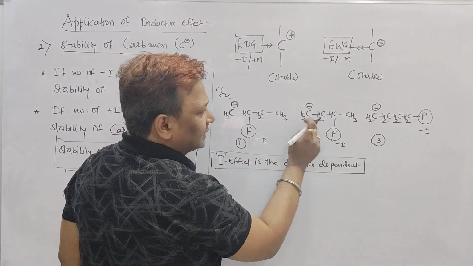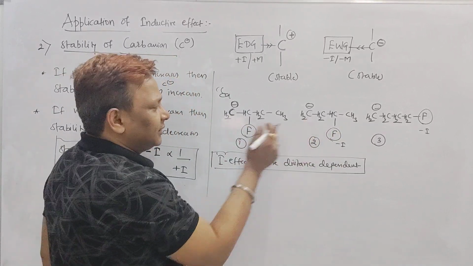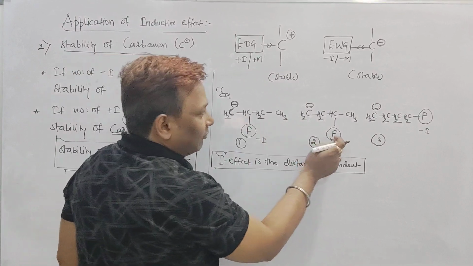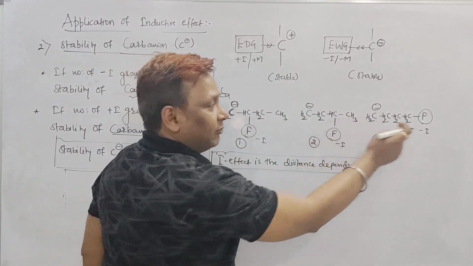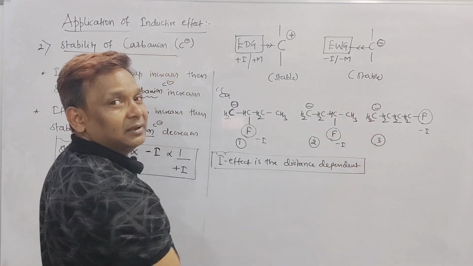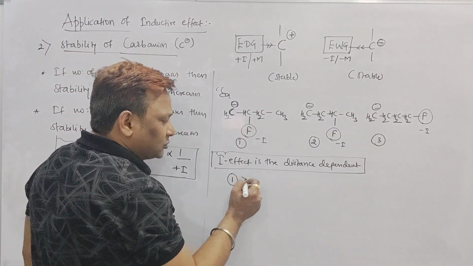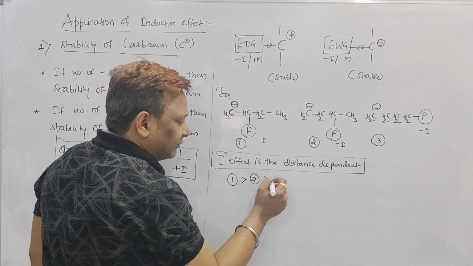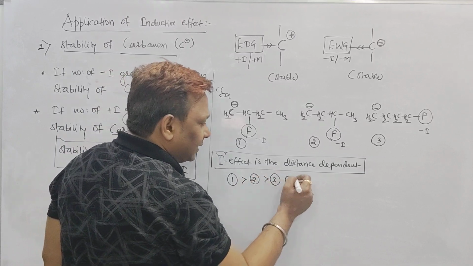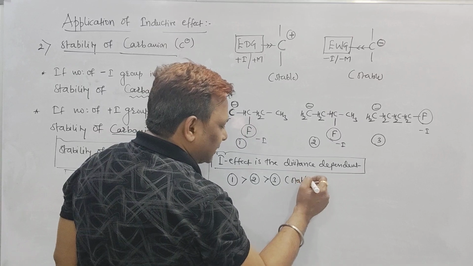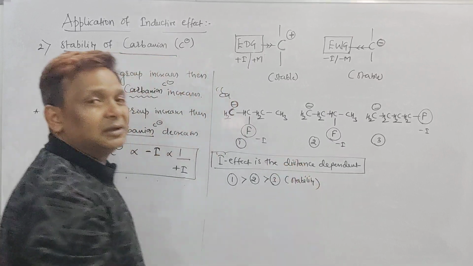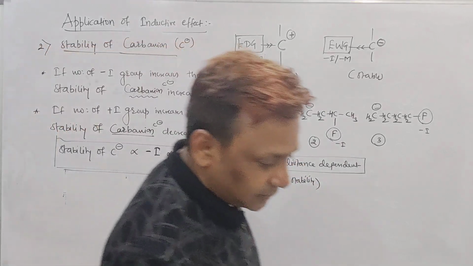But in the others, fluorine is away from the C negative. Fluorine is on the second carbon, on the third carbon, on the fourth carbon, far away. So the first is more stable than the second, the second more stable than the third, and hence this is the order of stability of a carbanion with a minus I group. Is it clear, beta?